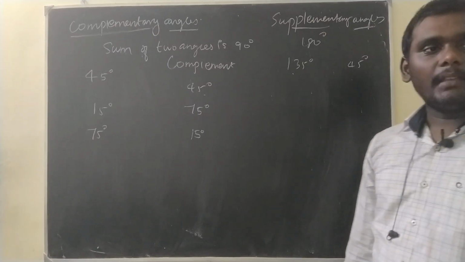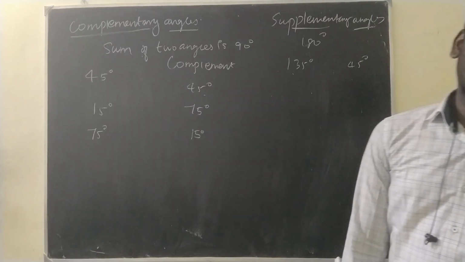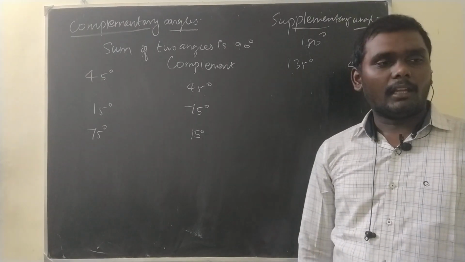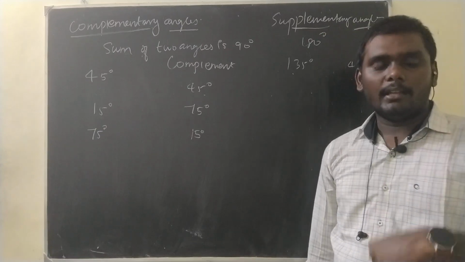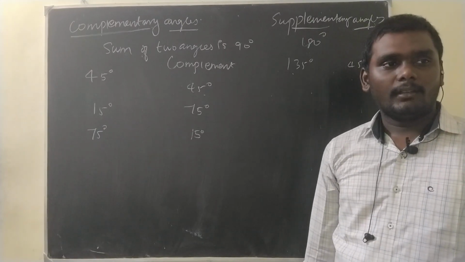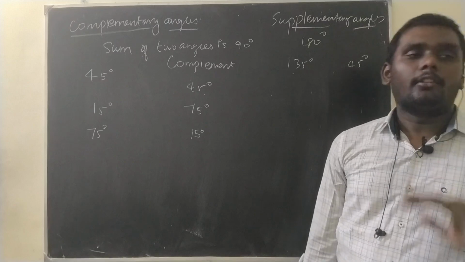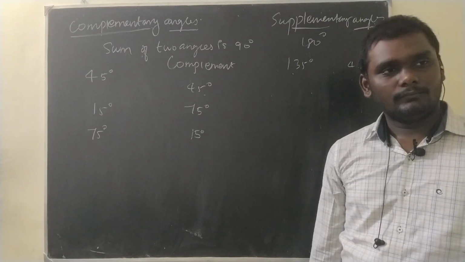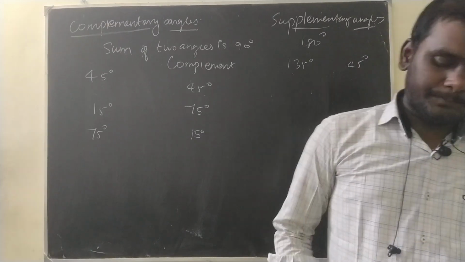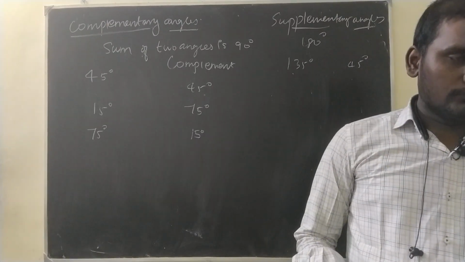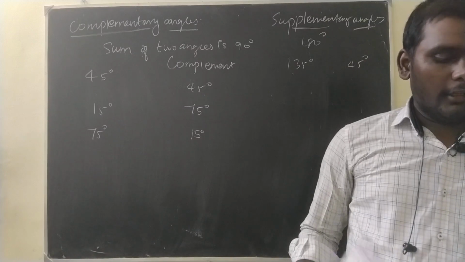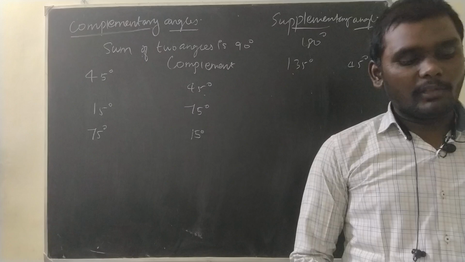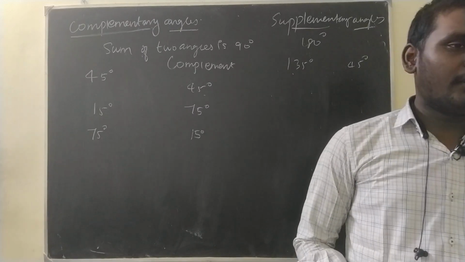Okay. Also we have the classification of angles, types of angles. You know that? If an angle lies below 90 degrees, it is called an acute angle. More than 90 degrees, obtuse angle. Exactly 90 degrees, right angle. Okay. Using that, answer the following questions. Can two acute angles be complementary to each other?